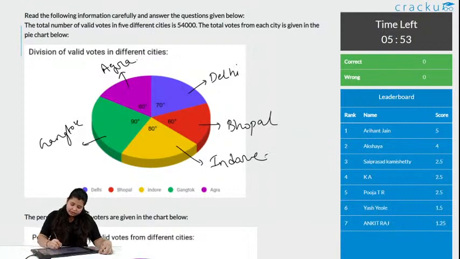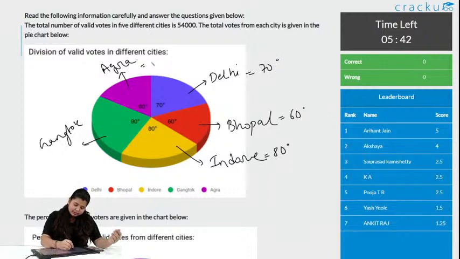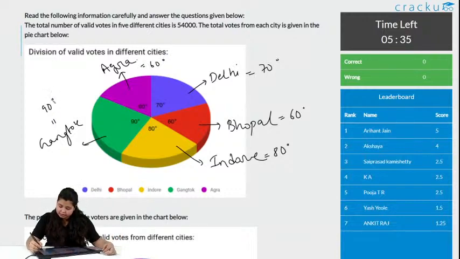Indore is given 80 degree, Bhopal is given 60 degree. I am just writing this, if it is not clear then let me know, or else you can just see the pie chart and solve this. And Gangtok is 90 degree, I am just writing it for your convenience.